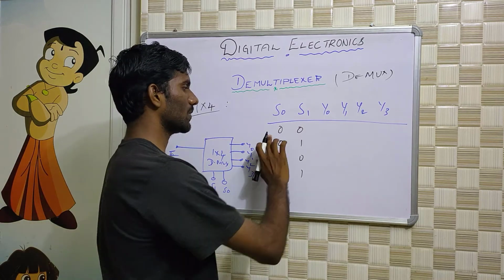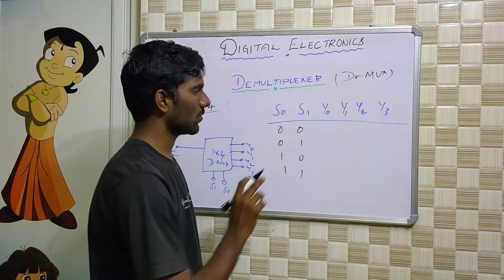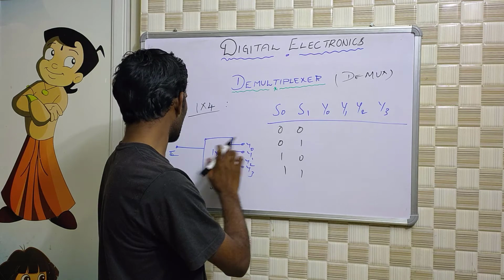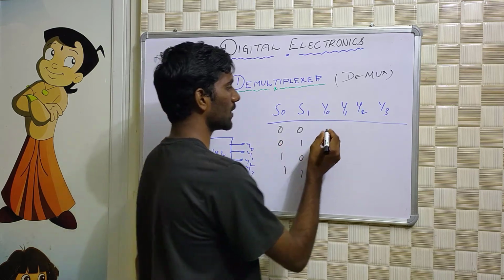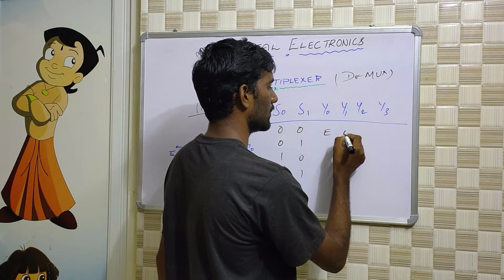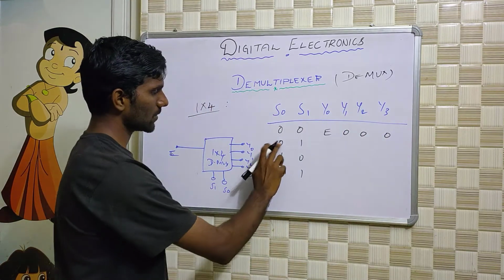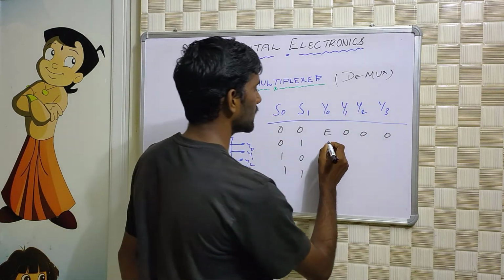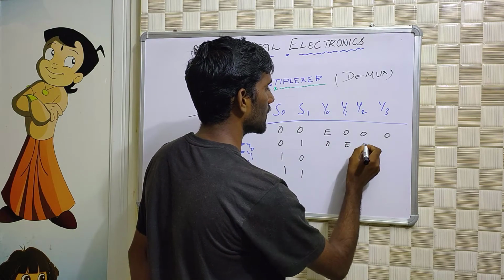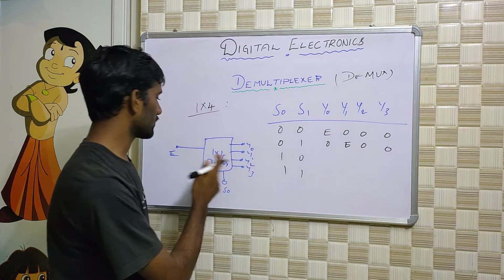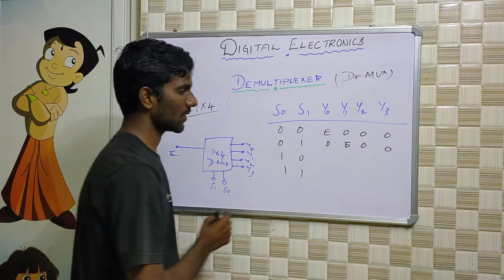So when both are 0, 0, then output Y0 will carry the input E, and the remaining are all 0. When it is 0, 1, then Y1 carries the input, and the remaining are all zeros.